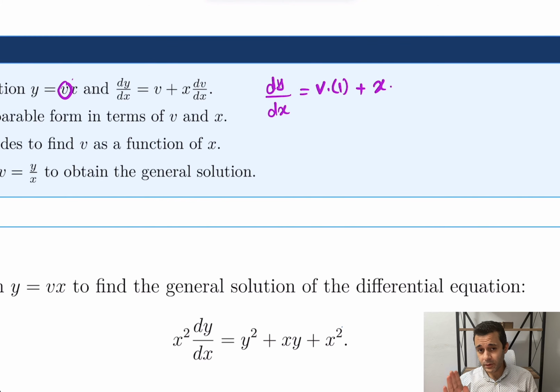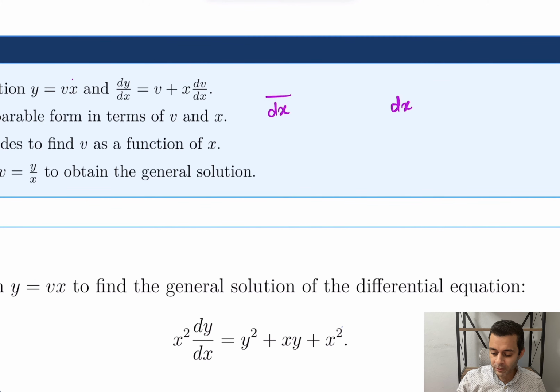What's the derivative of v? It's not 1. When we differentiate x, it will be 1, but v is a function of x that we don't know till the end of the solution. So the derivative of v will be simply dv over dx. So it's just v plus x dv over dx, as we wrote here.